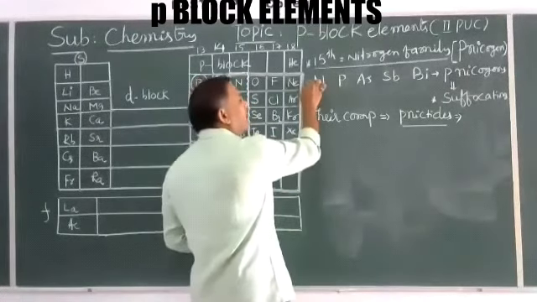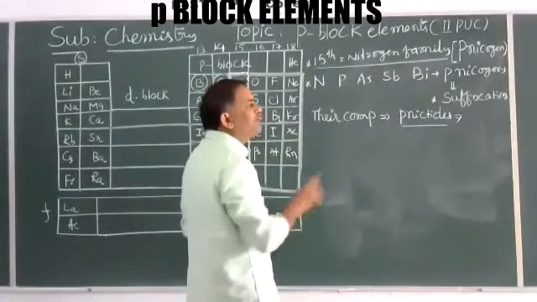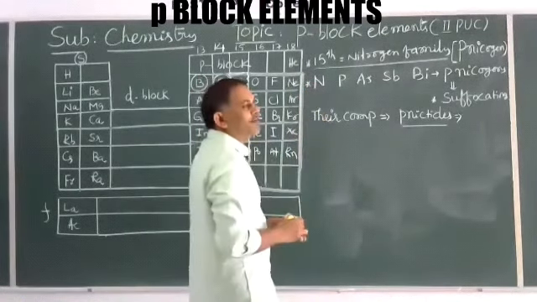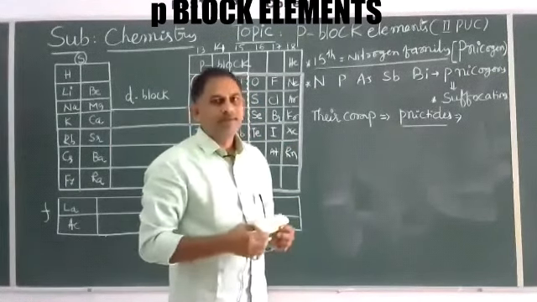Now these nitrogen, phosphorus, arsenic, antimony, bismuth family members are called pnicogens.